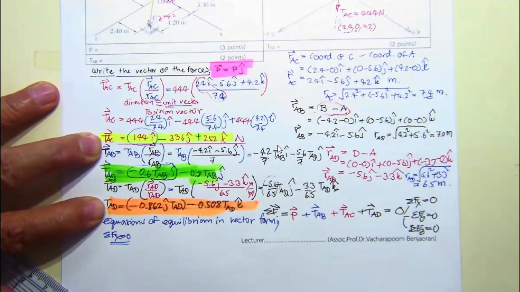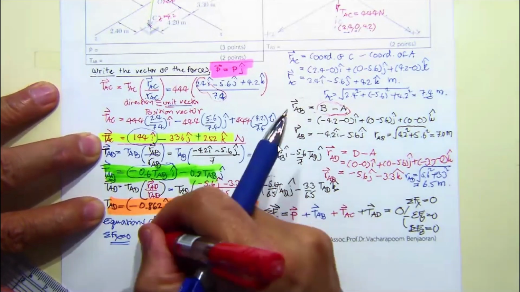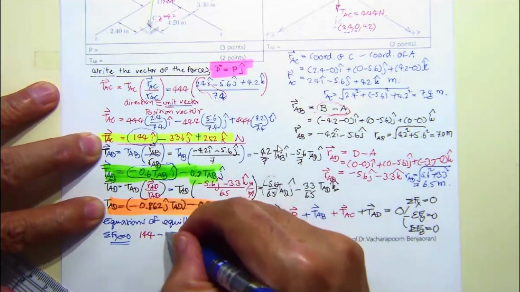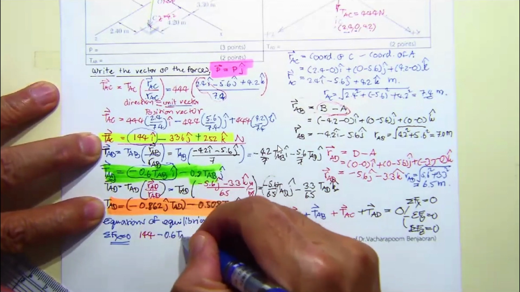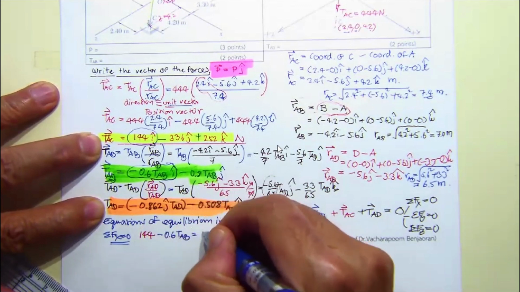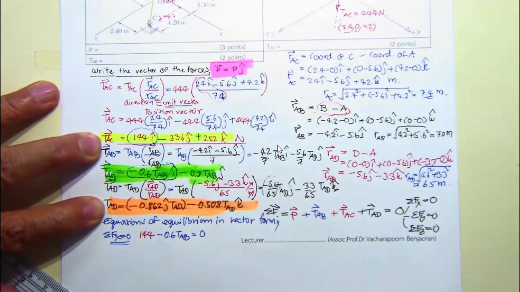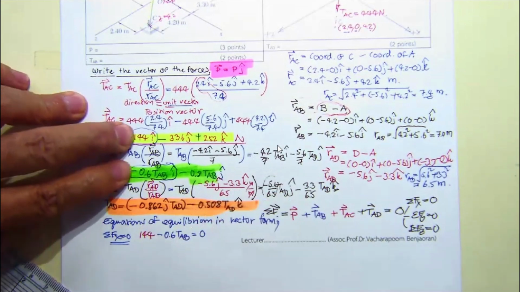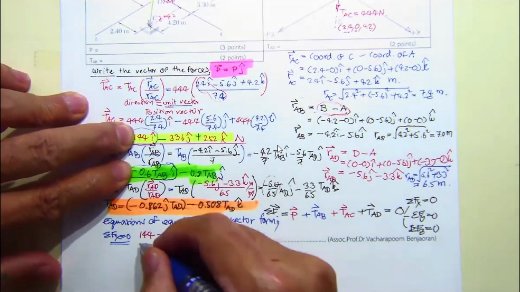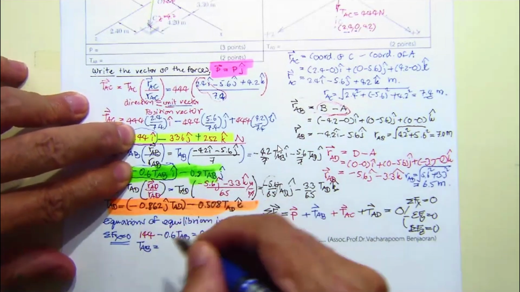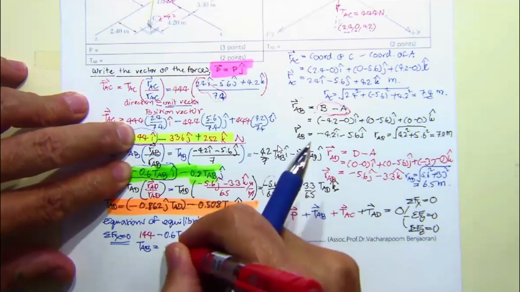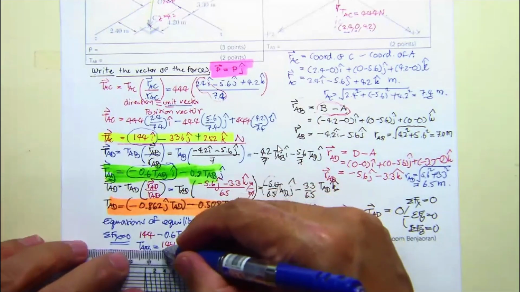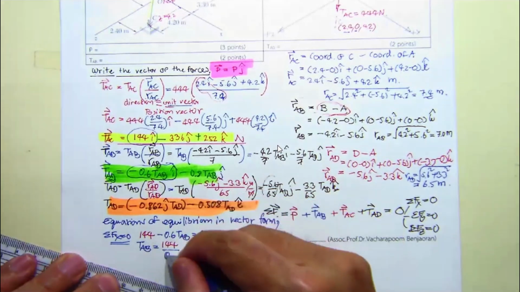So, for this one, you have 144 and then minus 0.6 T sub AB, and then is equal to 0. Just take the component of the i. Then T sub AB is going to be 144 divided by 0.6.